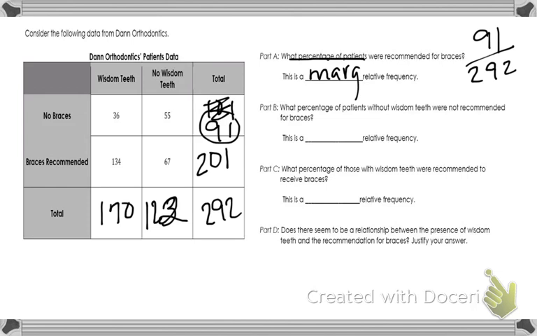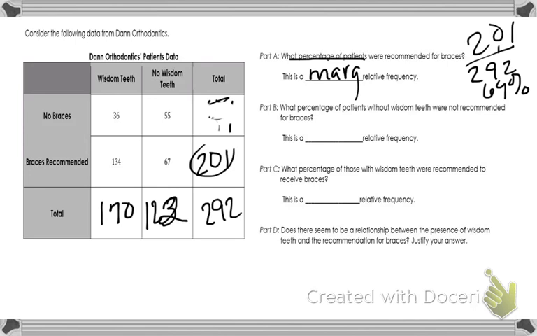So our marginal relative frequency is for recommended for braces. So it's 201, not 91, Miss Lott. So that's 201 out of 292. So 69% of the patients were recommended for braces.